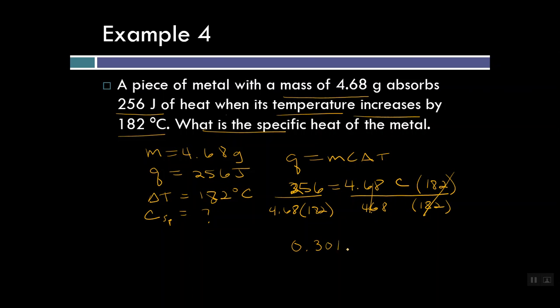I'm going to round that last digit to a 1, and that was the heat capacity. So the unit for that would be, oh no, sorry, it's joules, right? Heat capacity is joules per gram per degree Celsius. So it's important to write that unit just like you always do.